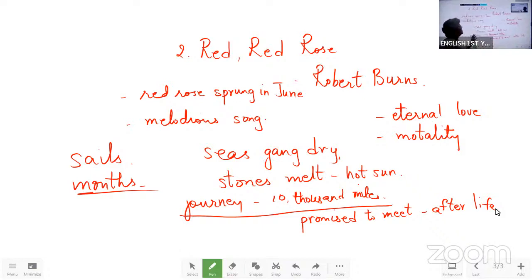So the whole poem, The Red Red Rose, written by Robert Burns, talks about his beloved, whom he compares not only to a red rose newly sprung in June, but also to a melodious song. And he talks about his eternal love, where he says, my love will go on till the seas gang dry, till the sea goes dry, he would still love her, or the stones being melted in the hot sun.